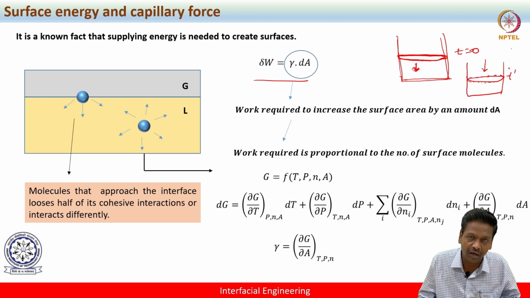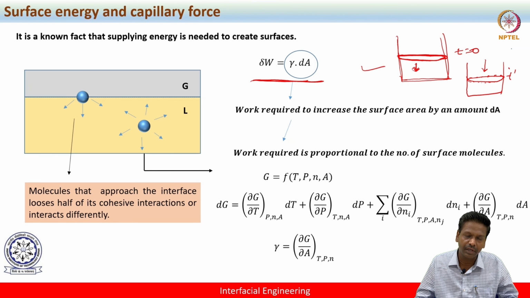Because we know gamma is surface tension. The product of surface tension and the change in area should give us the work done by the system in this case. Or you can impose an equal amount of work so that you bring this wire back to its original position. So in this way, we can relate the work done with surface tension. So work done is nothing but gamma into dA, right?